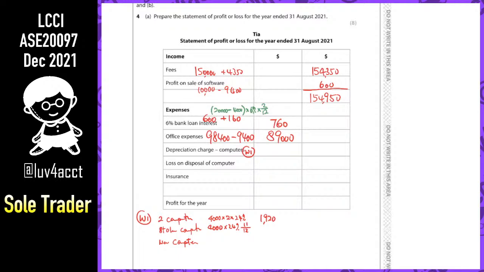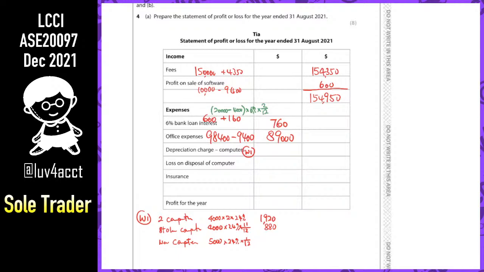So 4,000, 24%, 11 months. Okay, it would be 880. And then your new computer, you purchase it for 5,000. Okay, and then use it for 1 month.